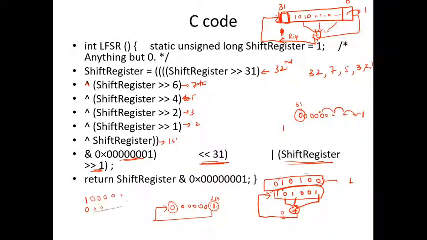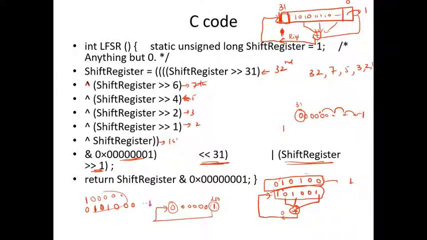Now, to this value, I should have the previous contents of the shift register, which was shifted right once. Because I am filling in the leftmost position, the previous content of the shift register has been shifted right once. So here I had 1 0 1 0 0 1, and that has shifted right once, 1 0 1 0 0 1.